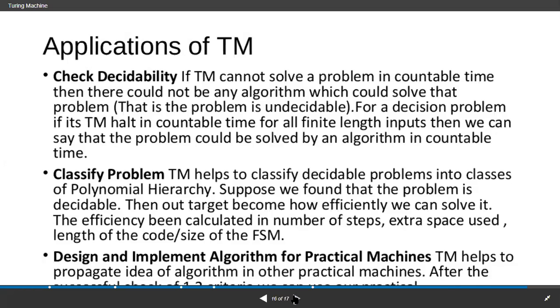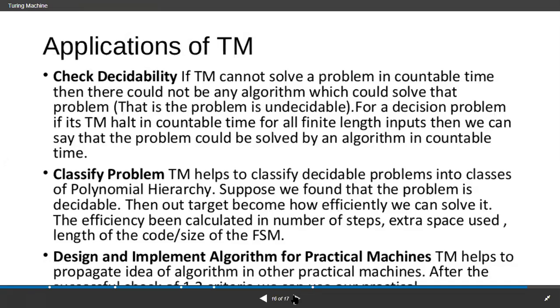And how we can check the decidability: if we cannot solve a problem in countable time, then there could not be any algorithm which could solve that problem. Then we need to call them undecidable problems. So we are having some decidability and undecidability, and we need to check whether those come under decidable or undecidable.